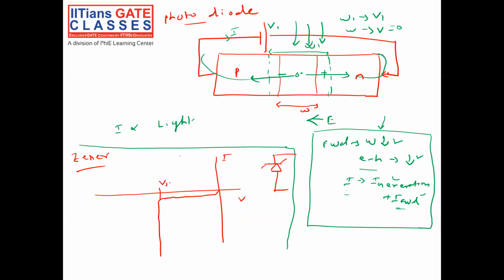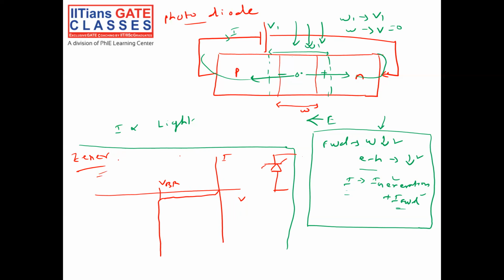This is called VBR. When the reverse bias voltage across the Zener is a little bit more than VBR, it will break and the voltage across the Zener will remain constant. Then it will operate as a voltage regulator. So the Zener diode always operates in reverse bias.